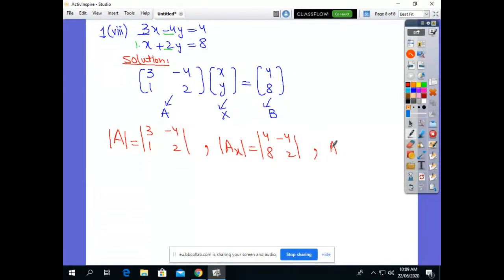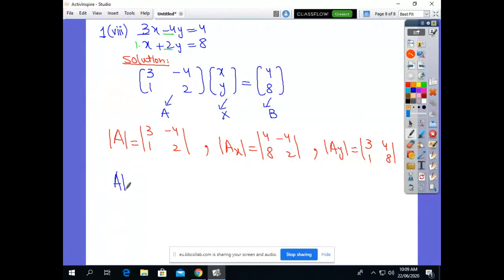Similarly, we write matrix AY. Matrix AY is 4 and 8, where instead of the y column we write matrix B, and the other two elements are the same, which are 3 and 1. Now find the determinant of these three matrices.